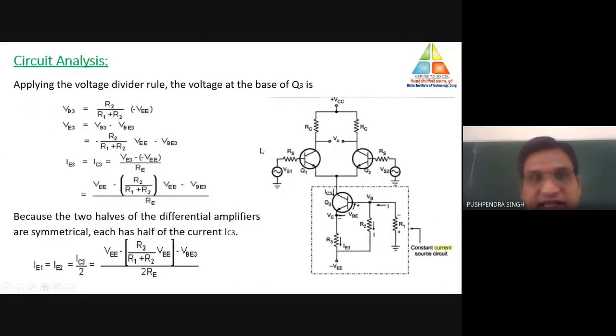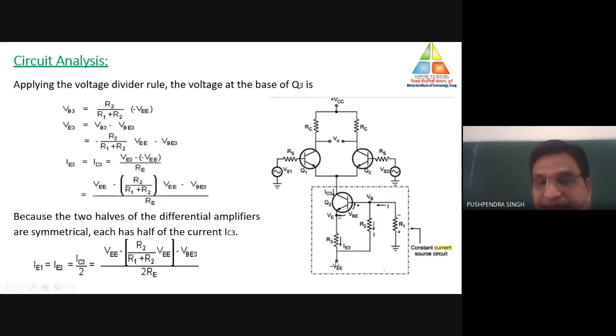As per the circuit analysis, we now apply the voltage divider rule at the base terminal of transistor number 3. So as per the voltage divider rule, what is the source of voltage here? The source of voltage is the negative supply VEE. We need to calculate the value of this VB, which is VB3. So how do we calculate VB3?